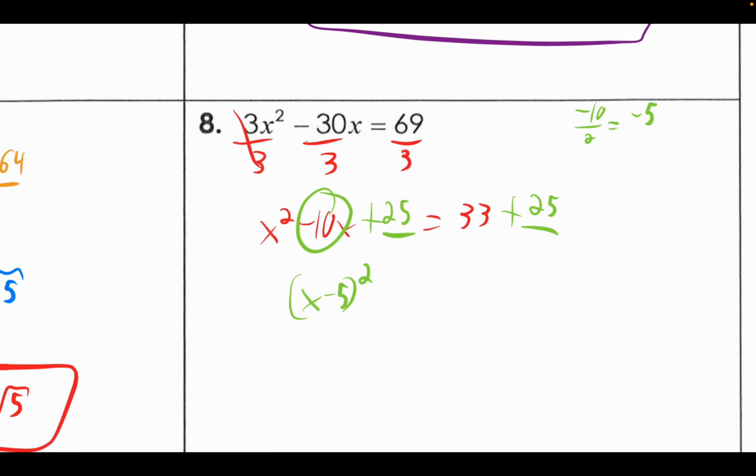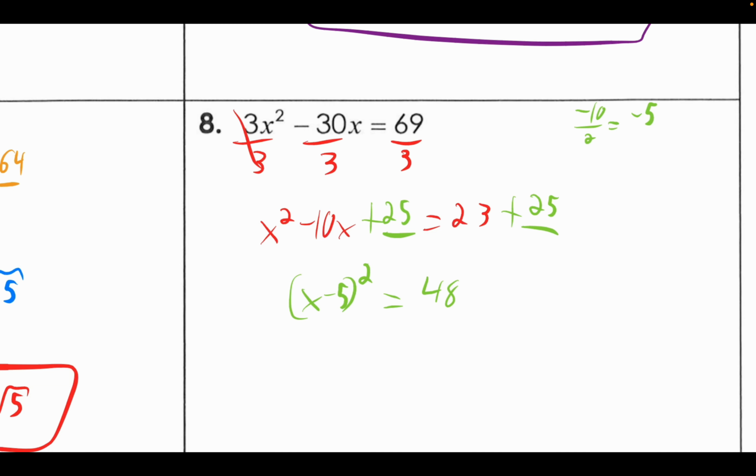Remember, always the half of b going in the second half of the parentheses. And that would equal 58. My apologies. This should be a 48 because this should never have been 33. Making mistakes all over the place today.